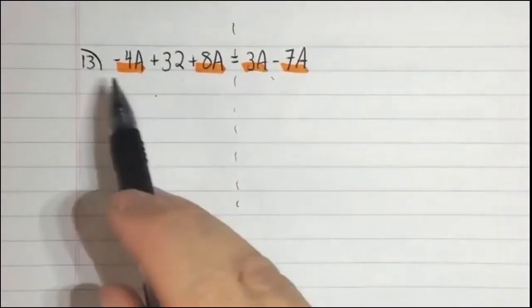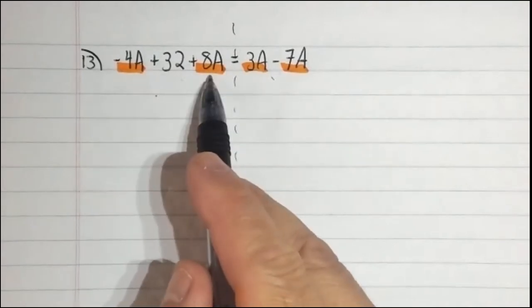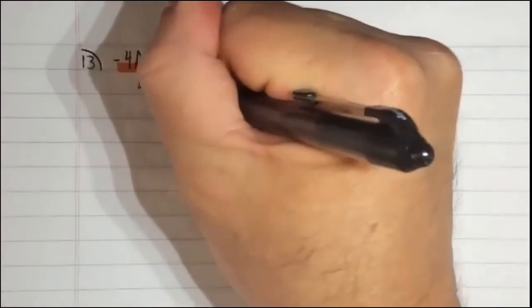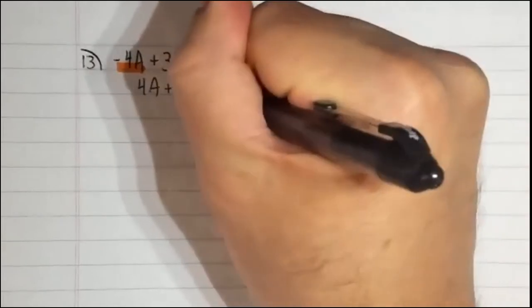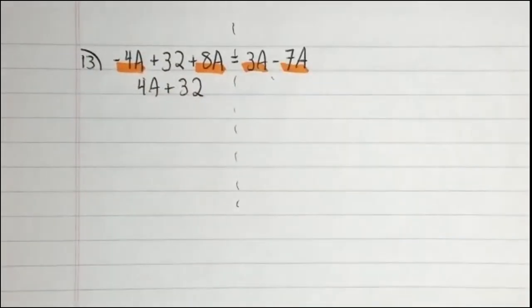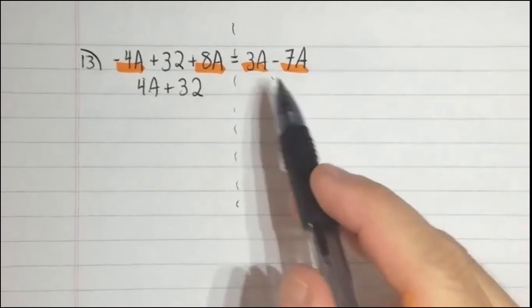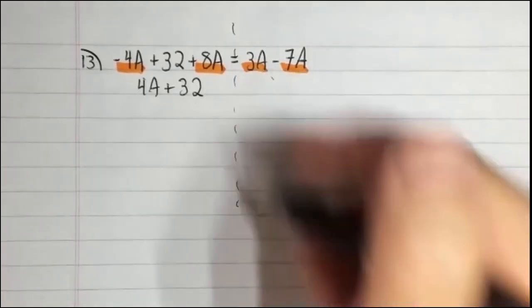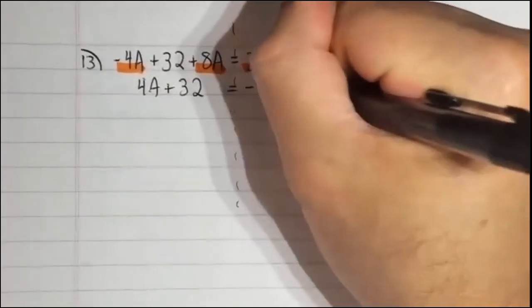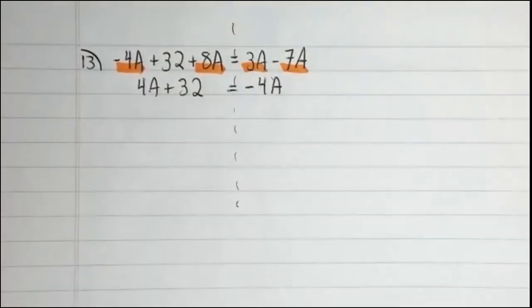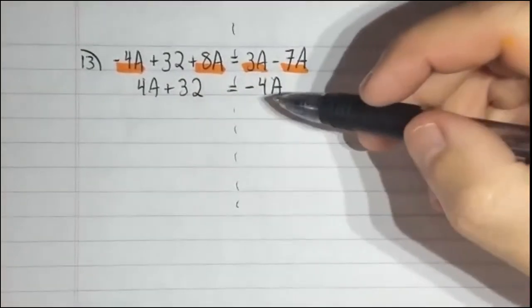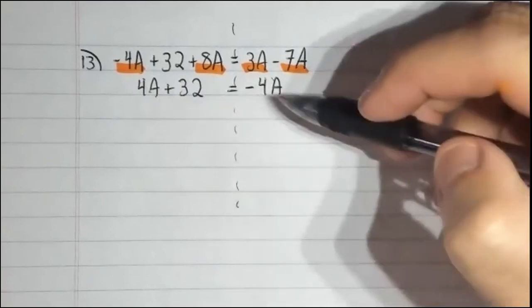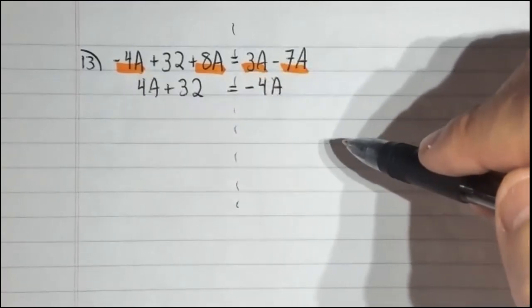We want to clean this up first. So negative 4a and 8a would give me a positive 4a. I move the plus 32 over. And then 3a minus 7a gives me a negative 4a. Now be careful. I have a negative here and a positive here. They're not just going to cancel each other out.